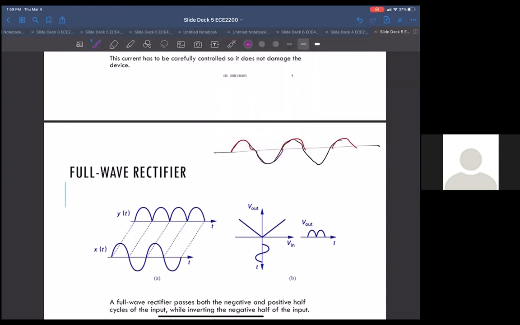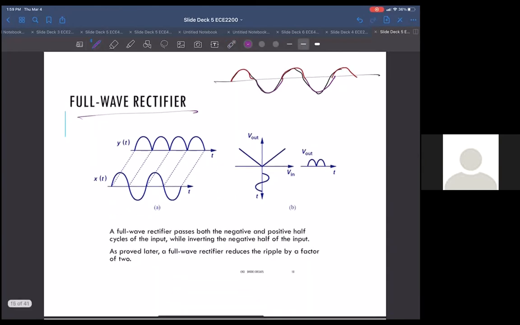We want to use these cycles too. How do we do that? Well, there is a way, and it's called the full wave rectifier. If you use this circuit, you would flip both sides over and be able to use the entire energy of your input.